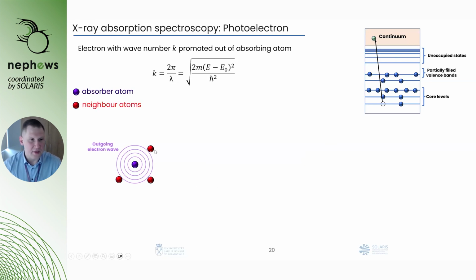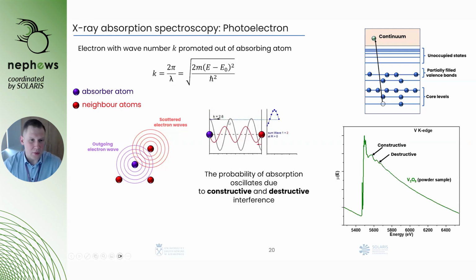But if around our absorbing atom we have neighbor atoms, this outgoing electron wave will be scattered from the neighboring atoms. And this scattered electron wave and outgoing electron wave could definitely interfere with each other.